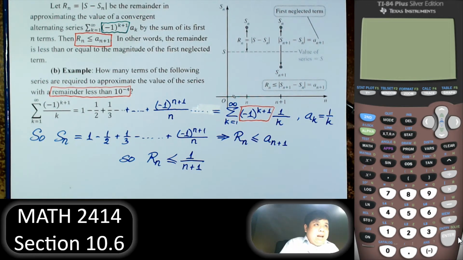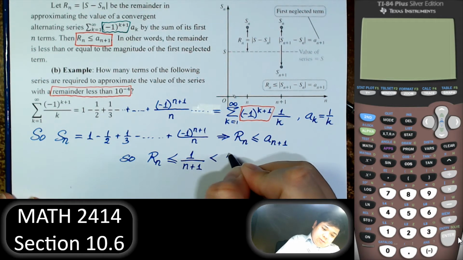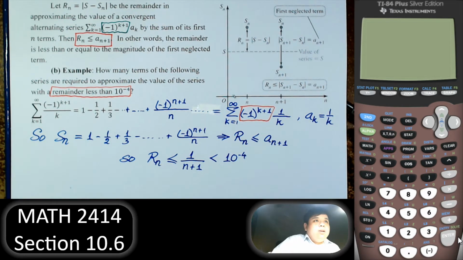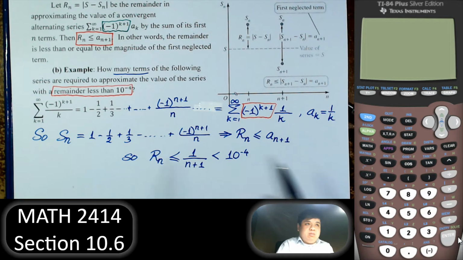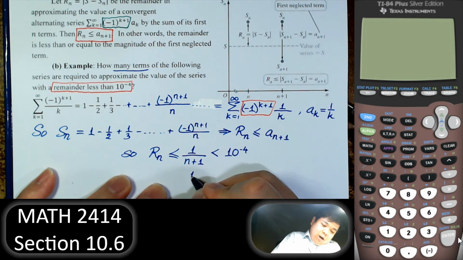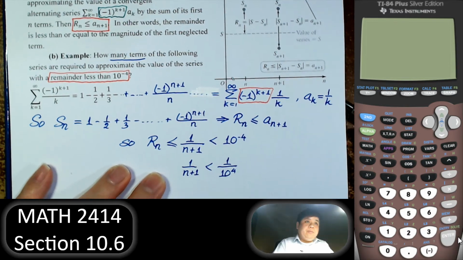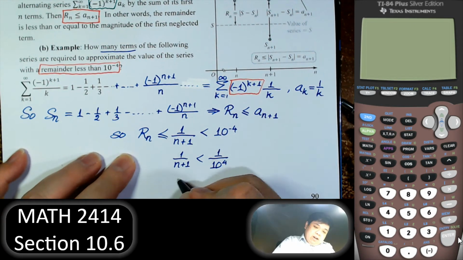And if we want this to be less than 10 to the negative 4, then we just go ahead and solve for n. That should be easy, right? The question asks for how many terms. So 1 over n plus 1 less than 10 to the negative 4, which is 1 over 10 to the 4th power. If we flip it, the inequality will be flipped.